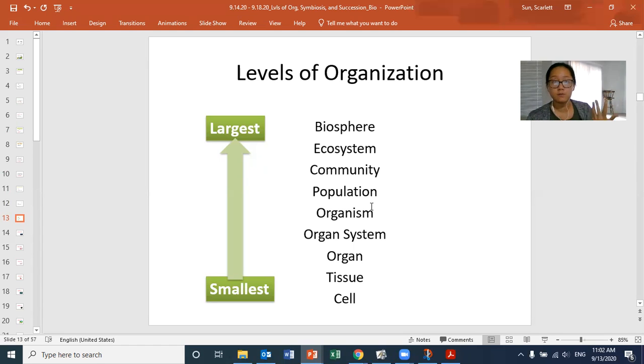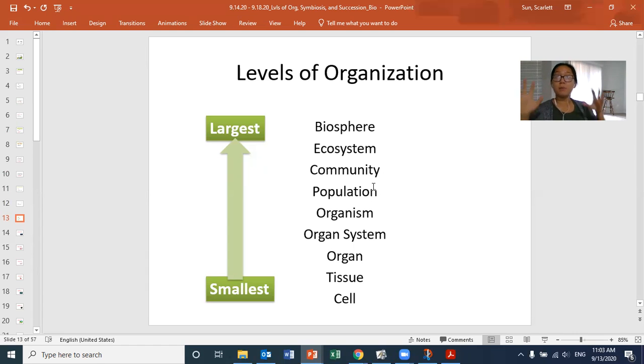All of those, like your nervous system, added together become one organism, right? So we are one organism that has multiple organ systems. A bunch of organisms, right? A bunch of humans, or a bunch of dogs, or a bunch of lions together, those are all one population, right? They're all made up of one type of organism.